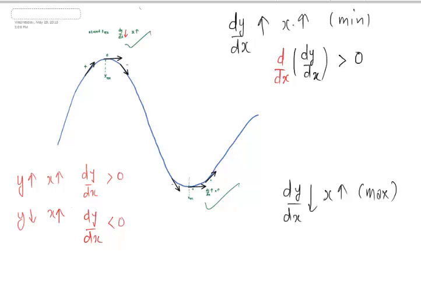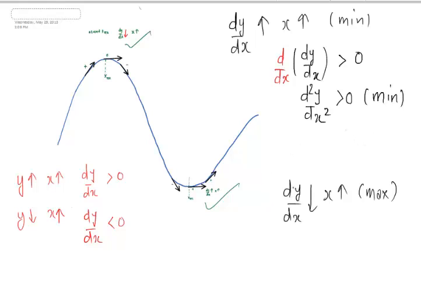If dy by dx increases with x, its derivative should be greater than 0. So we can write the result like this, that around minima, the double derivative of y with respect to x should be greater than 0 at minima.